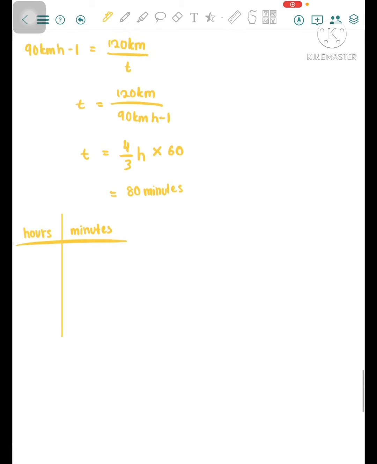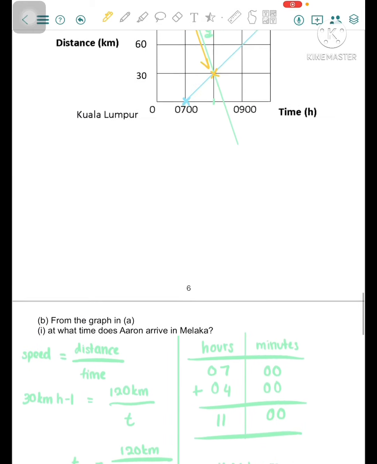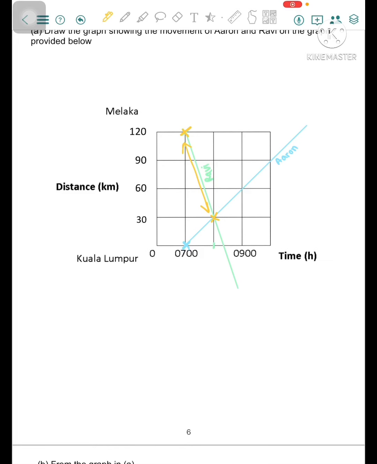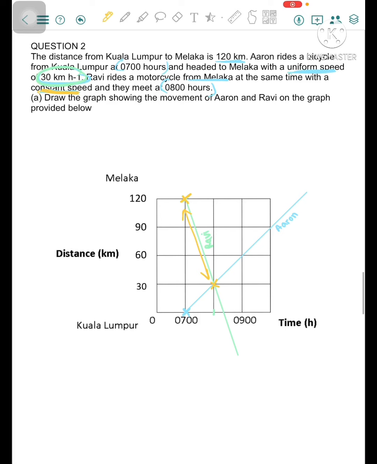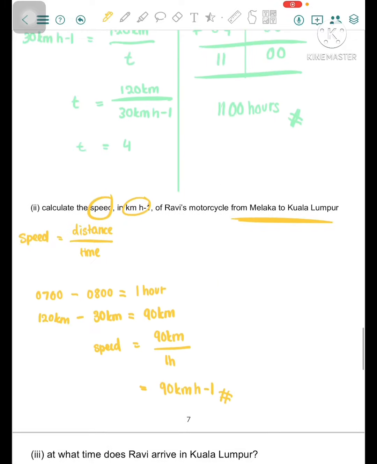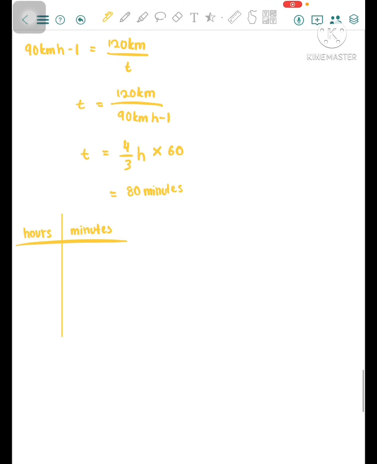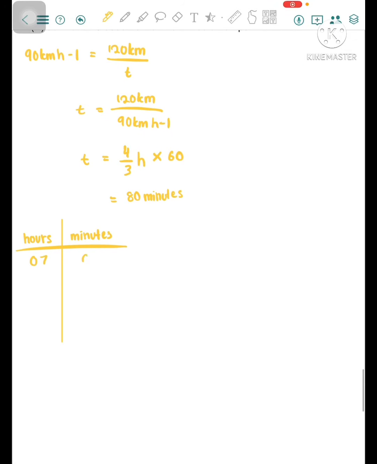Okay. His departure time is the same as Aaron's departure time, and that is at 7. At 7, so we'll use 0700 and adding with 80 minutes.